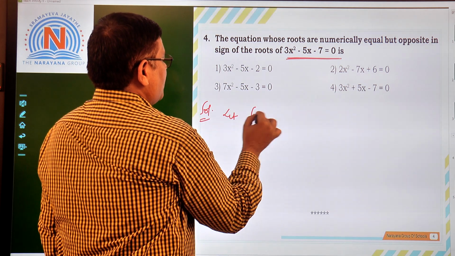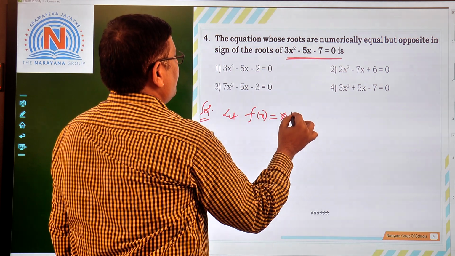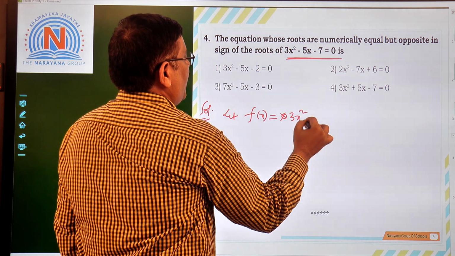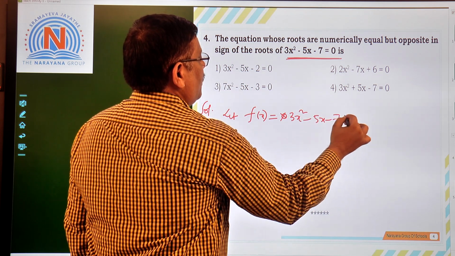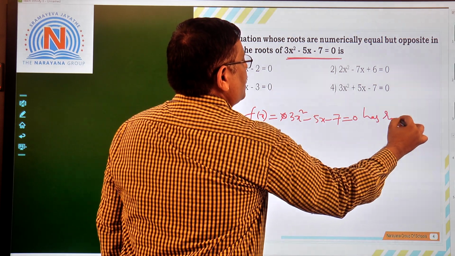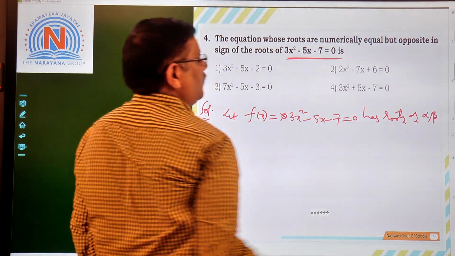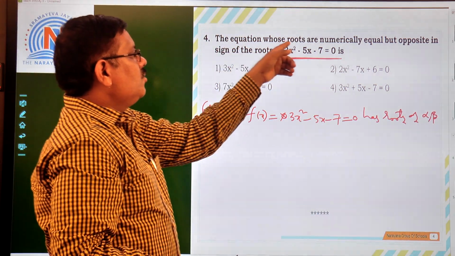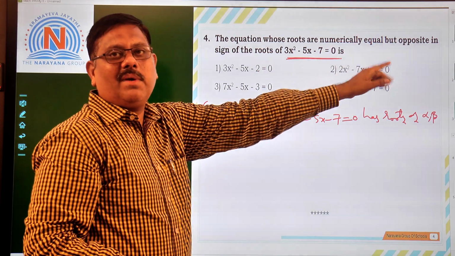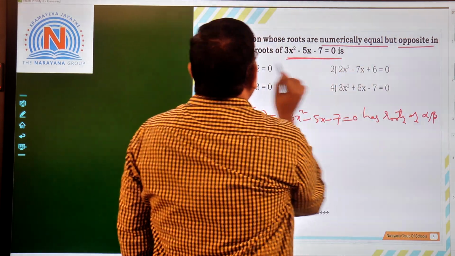Let f(x) is equal to 0, that is, otherwise we will write the equation also, 3x square minus 5x minus 7 is equal to 0 has roots alpha comma beta. What is he saying? The equation whose roots are numerically equal but opposite in sign.